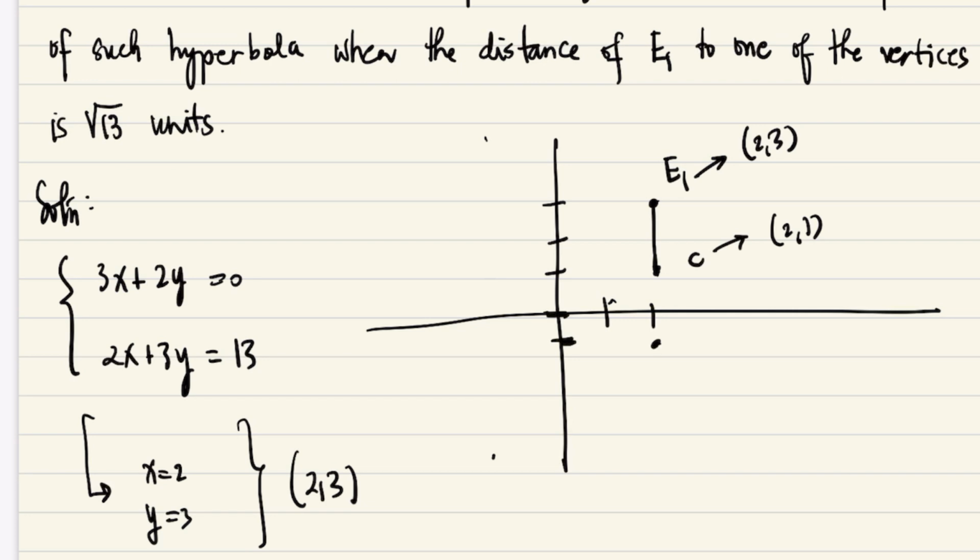So I have E2 here. Okay, my next problem is, it says here that E1 is square root of 13 units to one of the vertices. So meaning to say that if this is our principal axis here, meaning somewhere here are the vertices, the distance from E1 to V is square root of 13.